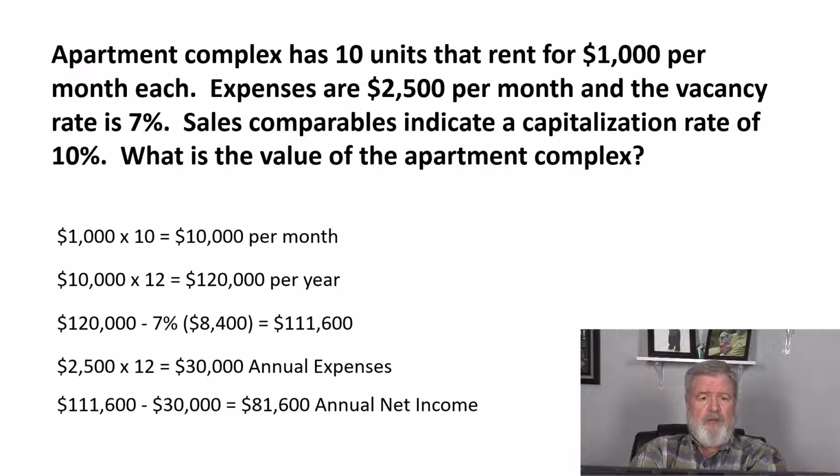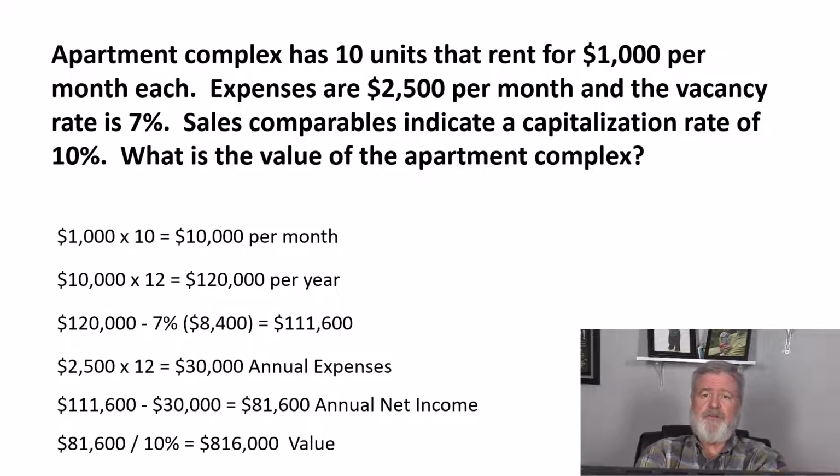And it says in the question the capitalization rate will be 10%. So if I divide the net income by 10%, that would give me the value, in this case, of $816,000. So voila, the value of the apartment complex is $816,000 based on the cap rate of 10%.